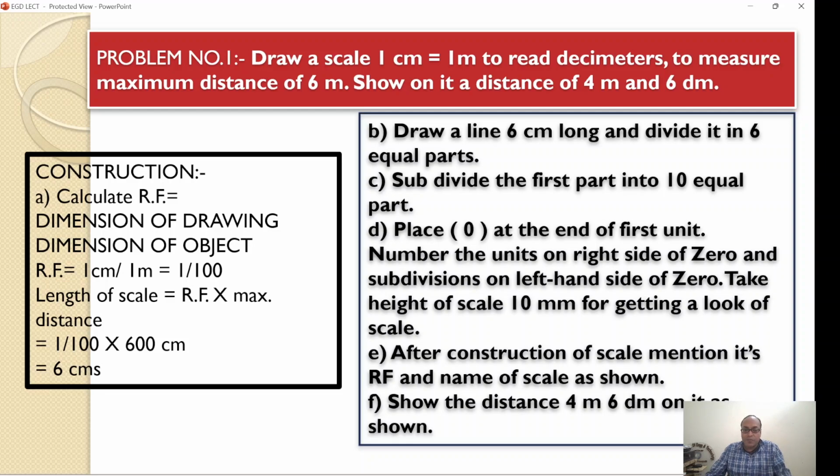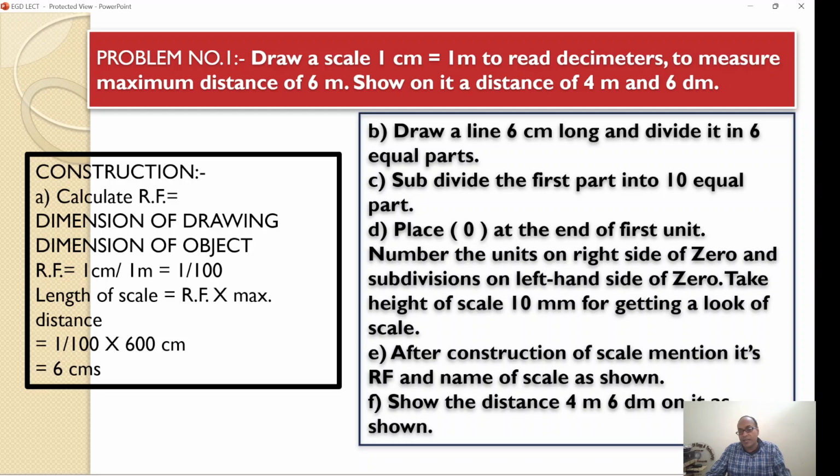Next, place the 0 at the end of the first unit, and number the units on the right side of 0 and the subdivisions on the left side of 0. Take the height of the scale as 10 millimeter, for getting the look of a scale.